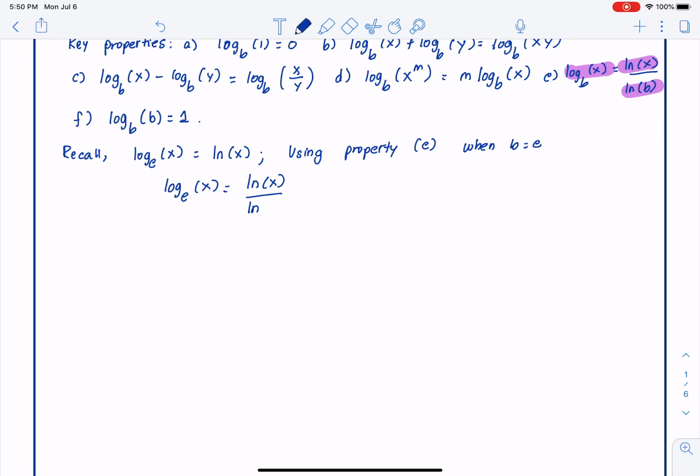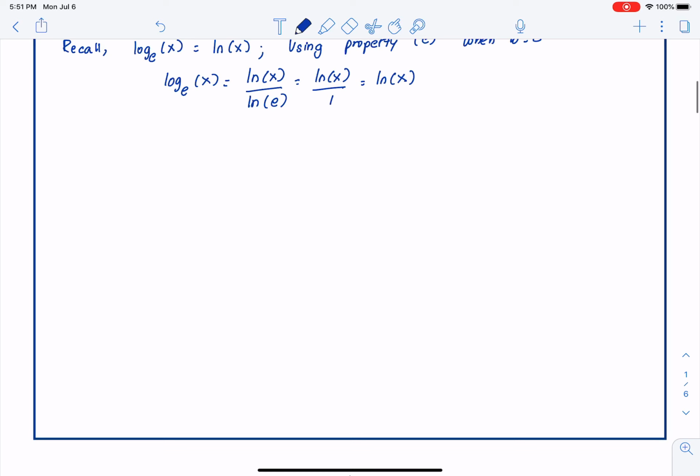If you use a calculator, you will find ln of e is just 1. And we would end up getting ln of x. So you could sort of understand why the property would be quite useful. And I'm going to show how we could make use of it to find the derivative.